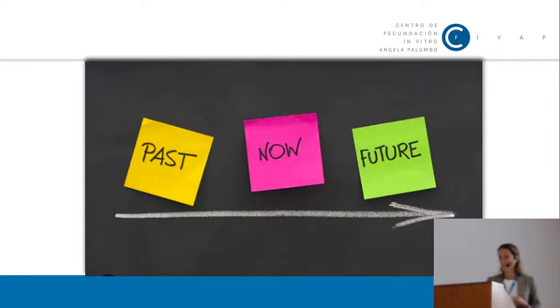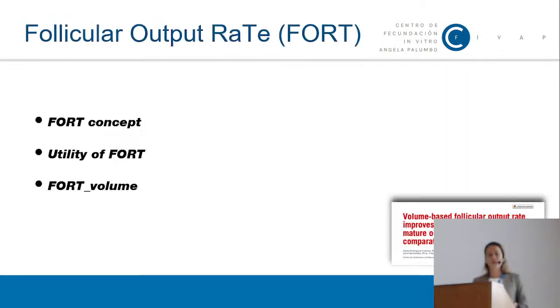And what comes? I would like to talk to you a little about the FORT, the follicular output rate, and about our last article published last month in Fertility and Sterility.